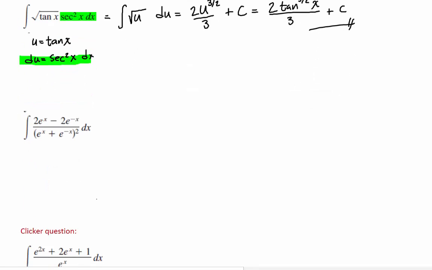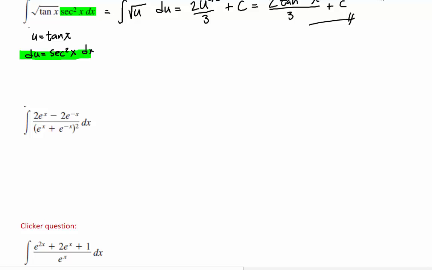Now, for this one, well, let's look at the ugly part. Everything looks pretty ugly, so let me start by factoring a 2 out. Then things may look, oops, I didn't mean to write a parenthesis, I meant to write an integral sign. Let's see what we have here.